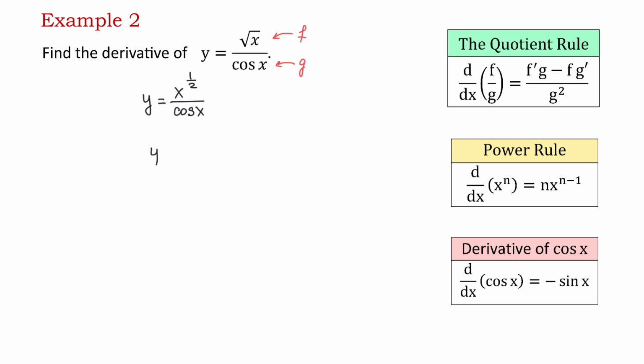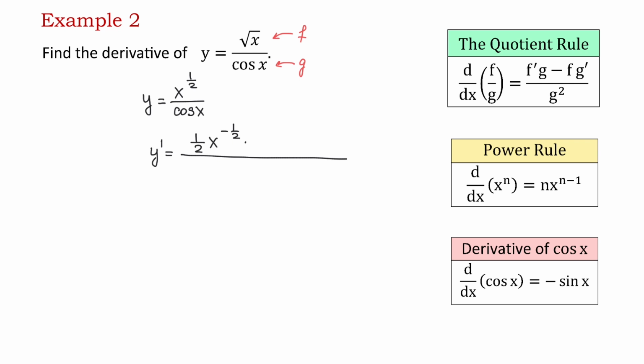And now y prime equals, then in the numerator we need f prime g minus f g prime. And to take the derivative of the numerator, we will use the power rule. So we will move 1/2 in front, we will write x and decrease the exponent by 1. 1/2 minus 1 is negative 1/2.